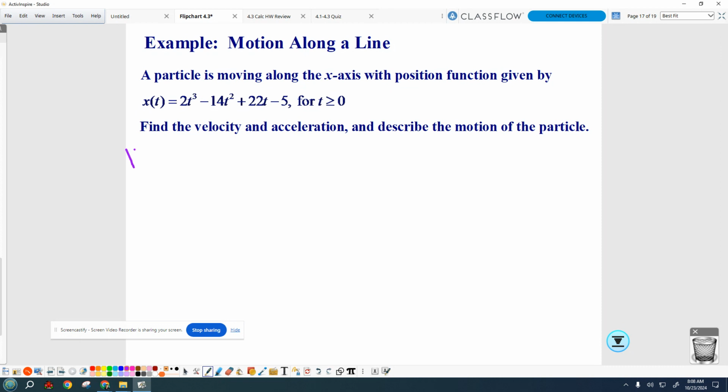Find velocity. Derivative of that x of t.